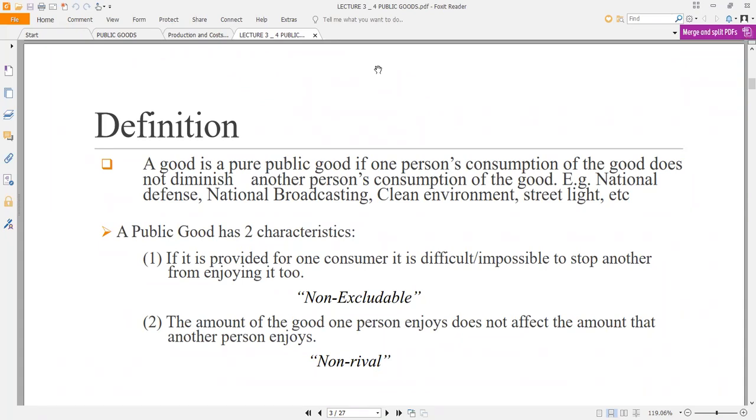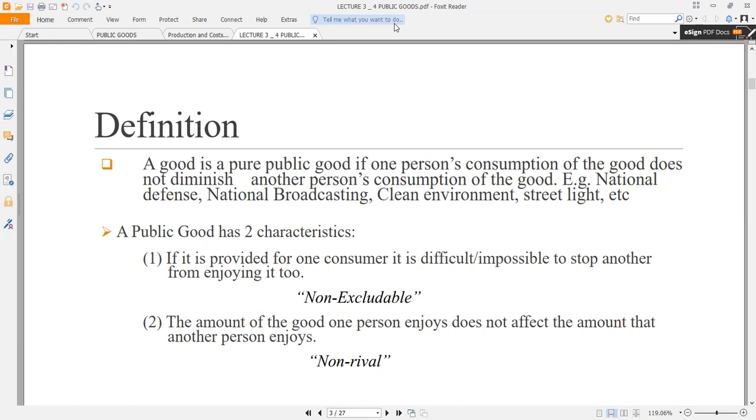Now, though we have some examples of pure public goods, at times it's very difficult to actually find a pure public good. It's possible it will be non-rival in consumption, but you'll be able to prevent other people.